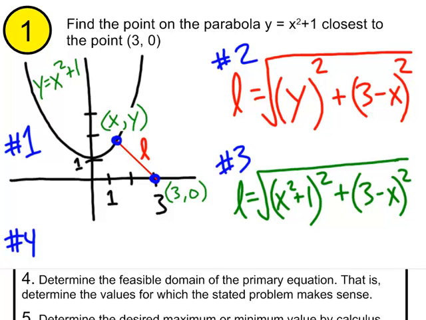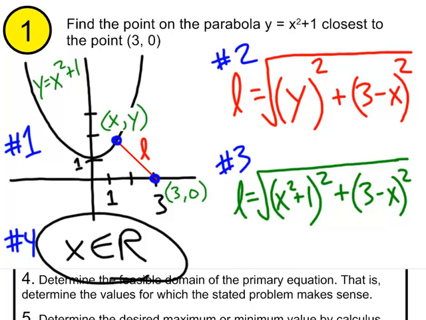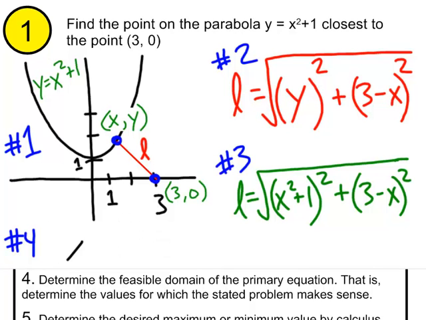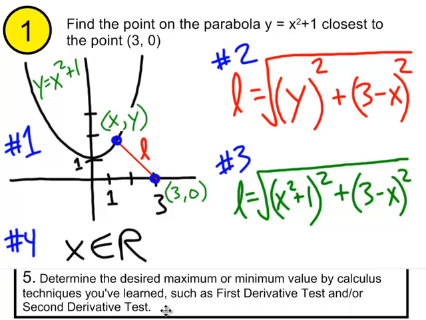Now we could tell from our sketch we expect it to be somewhere in that neighborhood, but technically X can be any real number, and this is the fancy way of saying X can be in the set of all real numbers. So we're on to step 5, familiar territory. We just need to minimize, using our calculus techniques, that quantity L.